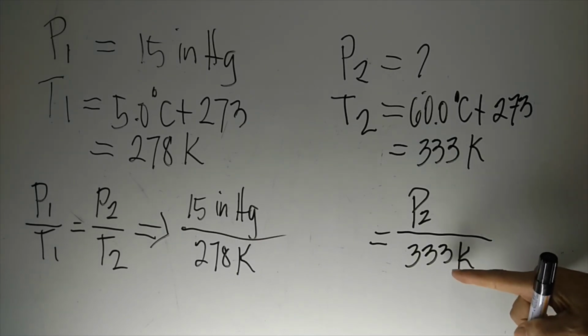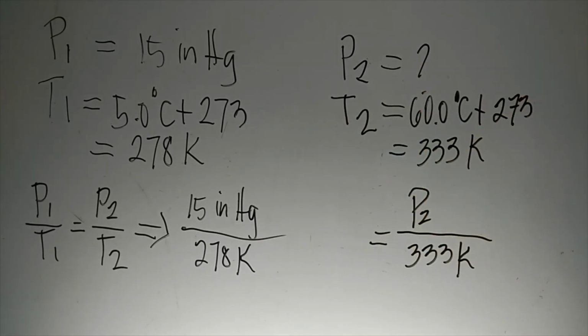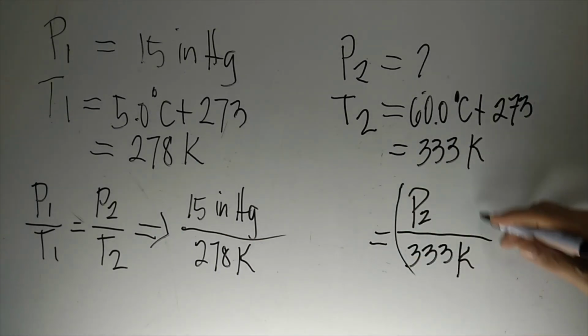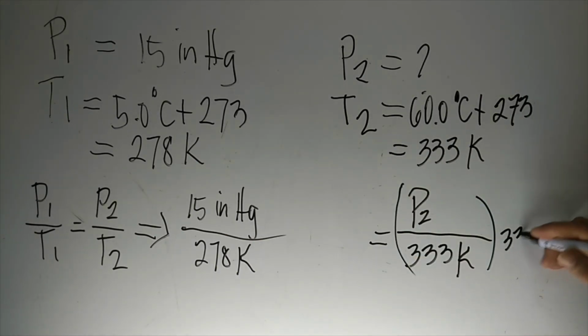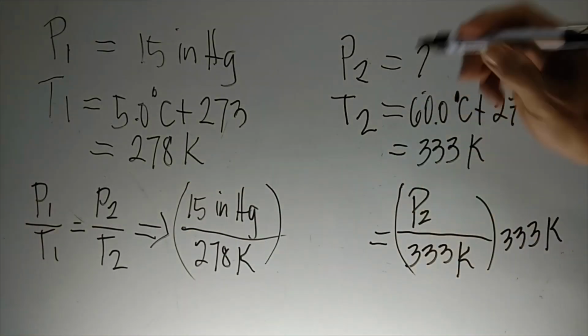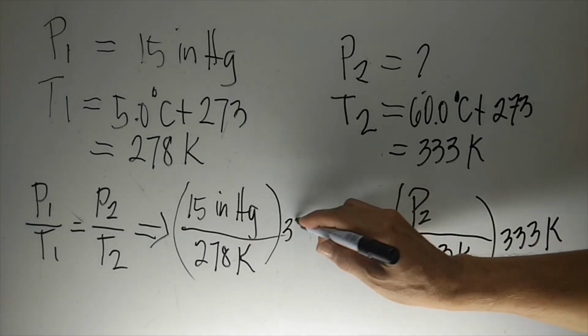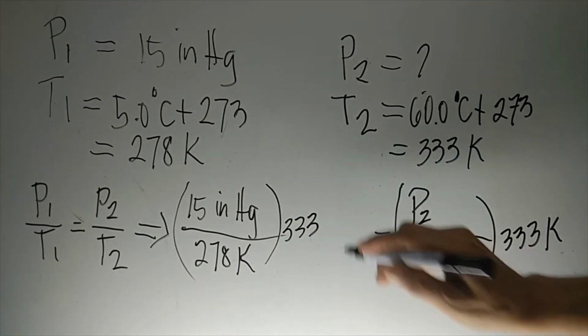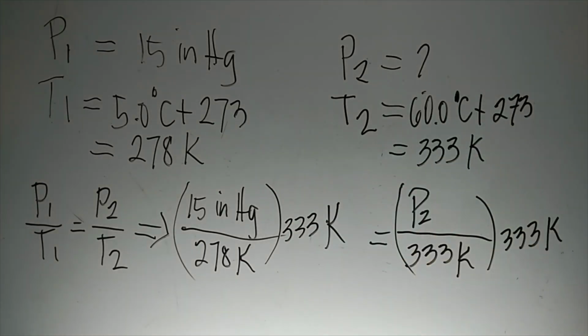Transposing this value to the other side of the equation, we will multiply this by 333 Kelvin, also with this one, so that will not be changing the expression.